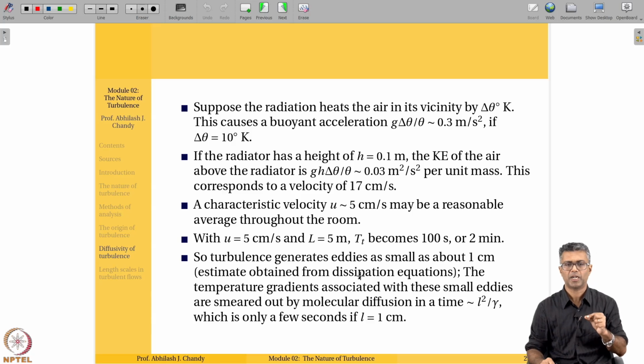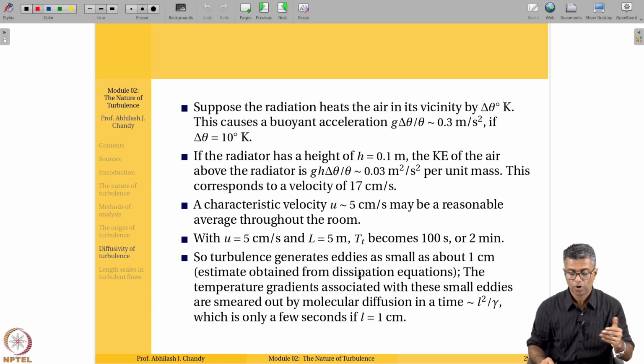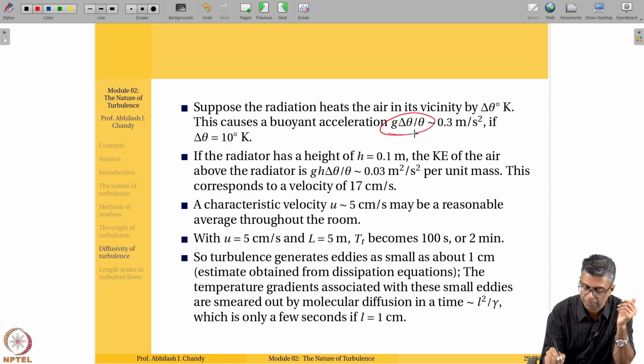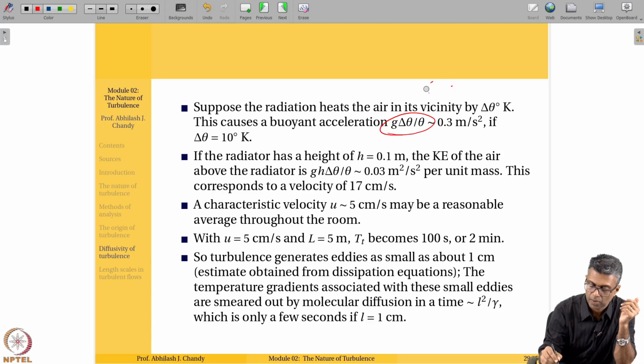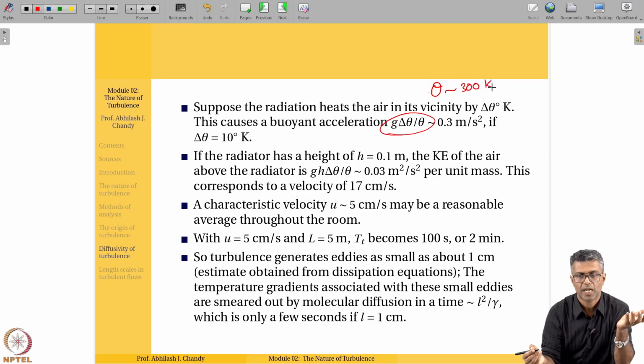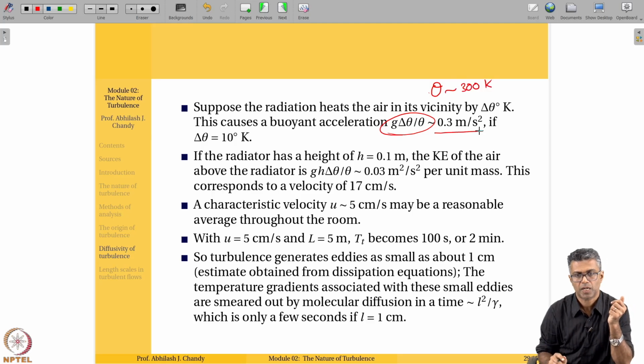There's a change in temperature by delta theta. This will cause a density difference, and consequently a buoyant acceleration of, say, g delta theta over theta. Now theta is approximately 300 Kelvin, standard temperature, and delta theta over theta multiplied by g gives you 0.3 meter per second squared.